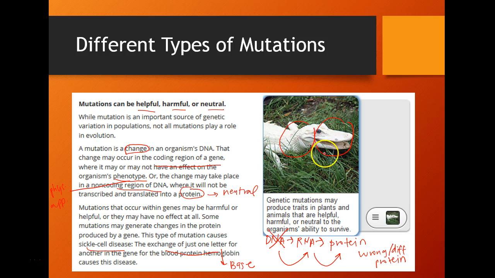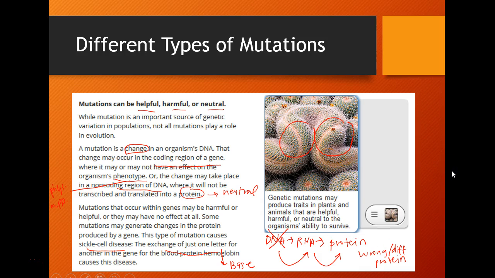You can clearly see this alligator in its environment. And then the last one, you see this cacti, and this cacti has lots of spikes. The mutation could possibly be that instead of being in these small round shapes, it's very long. So these are all different types of mutations that can either help, harm, or just not even make any difference to an organism's ability to survive.